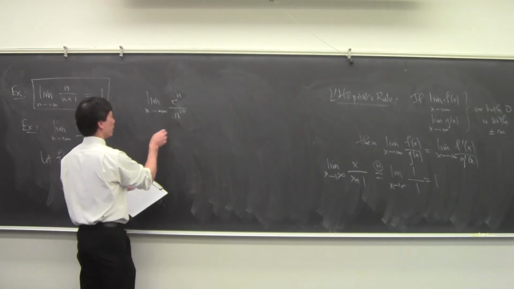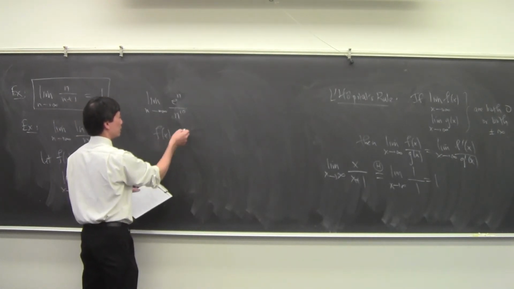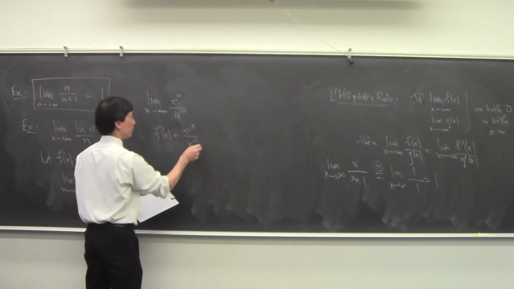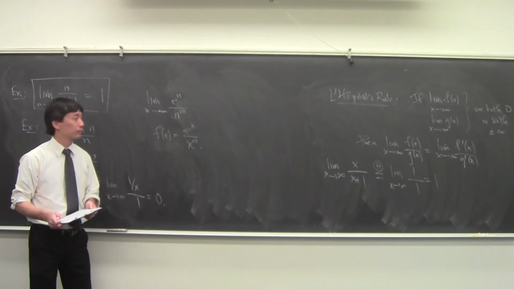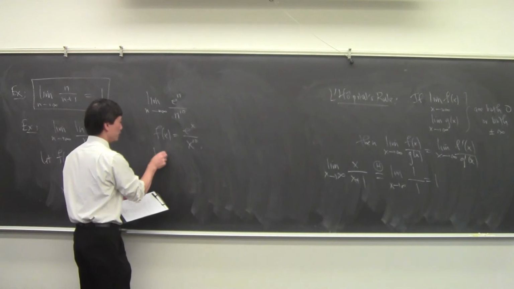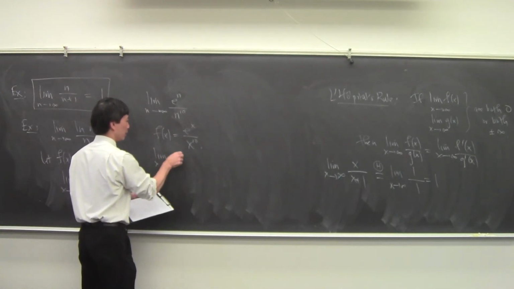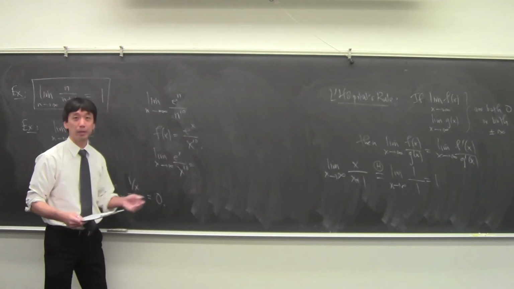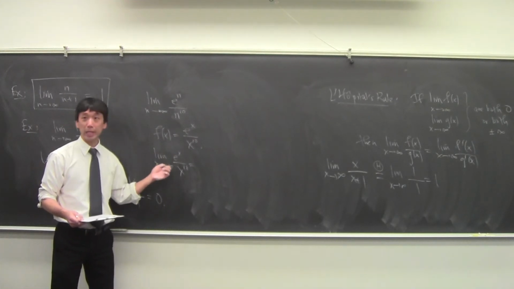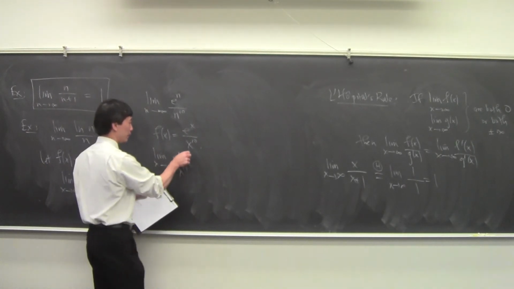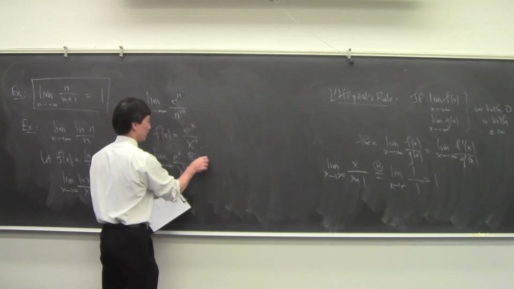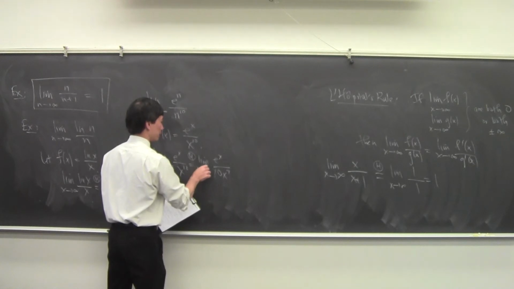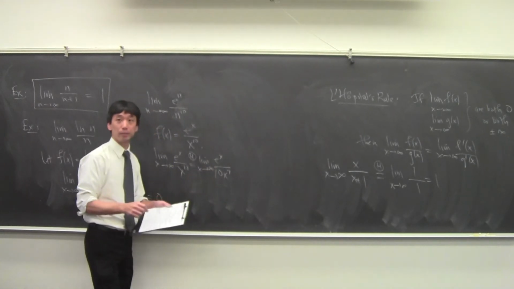Okay, so what's going to be your function? Well, of course, it's going to be e to the x over x to the 10th, right? And as you let x go to infinity, both top and bottom are going to go to infinity, right? So you start differentiating. You say, okay, by L'Hopital's rule, that's going to be the limit of e to the x over 10x to the 9th as x goes to infinity, right?